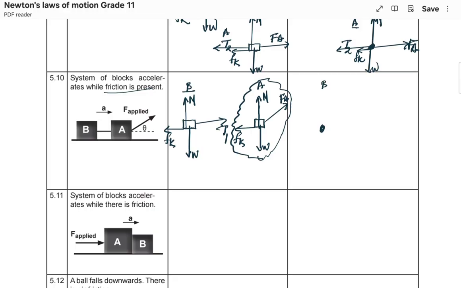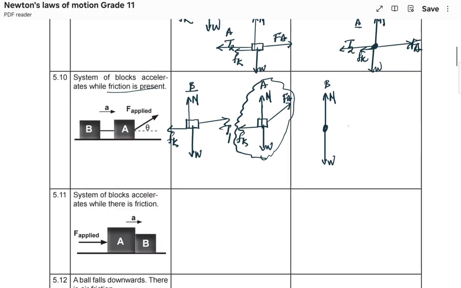for B. There is a normal, more or less equal to weight. Then there is the string T1. There is a kinetic friction.